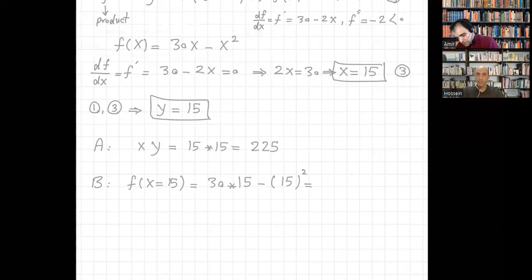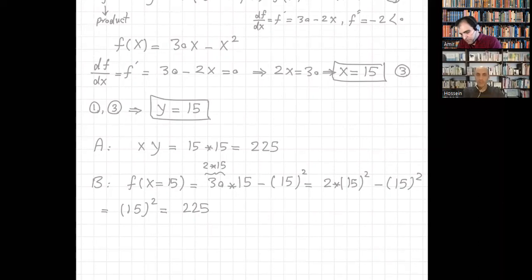I can write it like this: 2 times 15, because this is 2 times 15, so it's 15 squared minus 15 squared. So it is 15 squared, which is 225. So with both approaches, I get the same number.